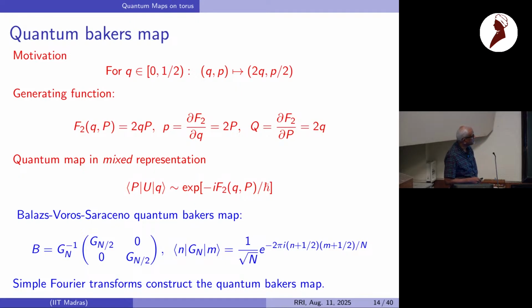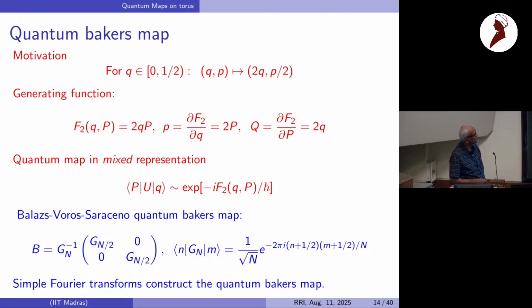Once you have a generating function, how do you associate a quantum object to it? That comes from the correspondence with the exponential. Suppose you have a generating function of type 2, any function of old position and new momentum.